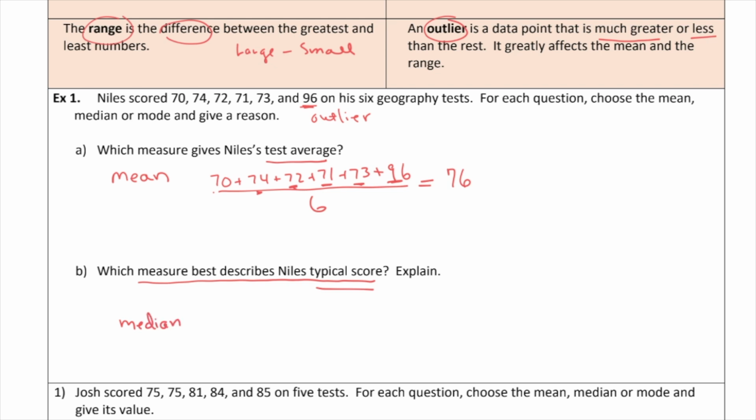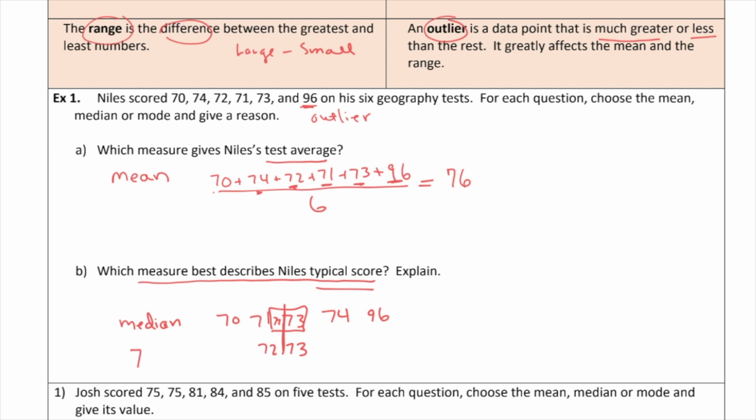If we look at the median, that means put your numbers in order first. So we have our 70, 71, 73, 74, and then I lost the 72. It belongs in here, as well as our 96. So squeeze that 72 in. So the median is somewhere between 72 and 73, because it's the data halfway.